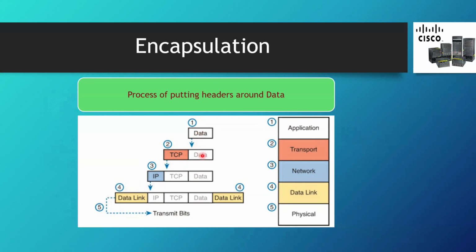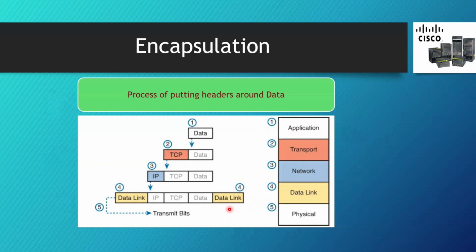So you have data. Data means this is our email, and when you're sending that email, all these layer headers will be added. And also we can see this layer 2, which is the data link layer. We have the trailer. This section has the frame check sequence, basically FCS.